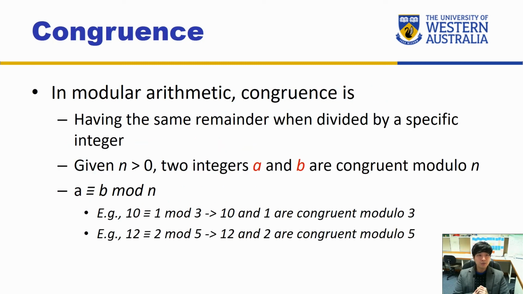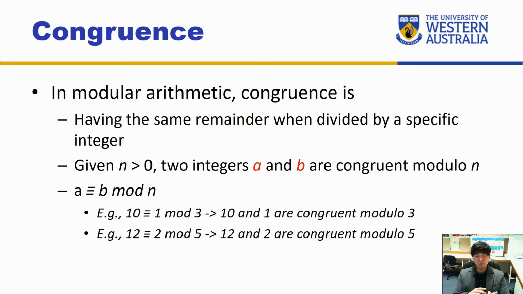The next item is congruence. In modular arithmetic, congruence is having the same remainder when divided by a specific integer. Given n greater than 0, two integers a and b are congruent modulo n if a is equivalent to b mod n. Here's an example. 10 is equivalent to 1 mod 3, because when you divide 10 by 3, the remainder is 1.